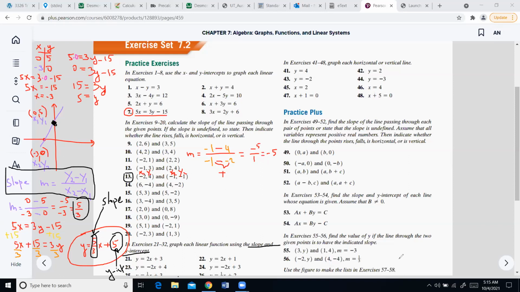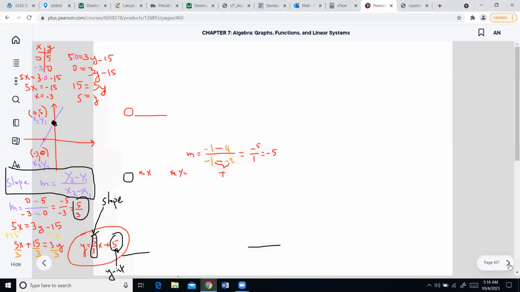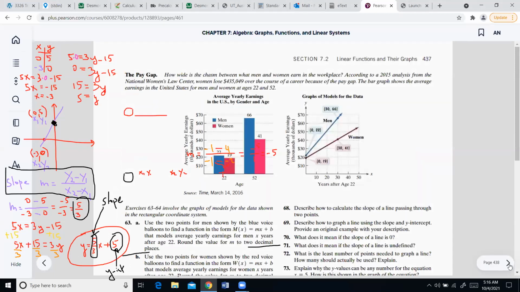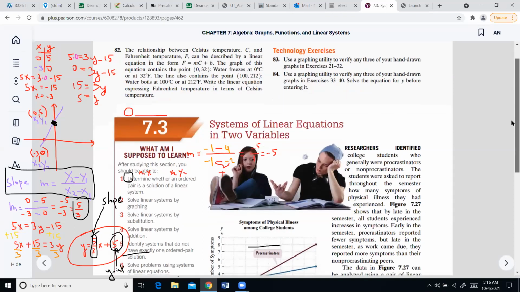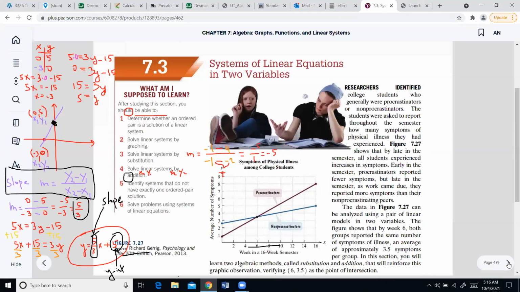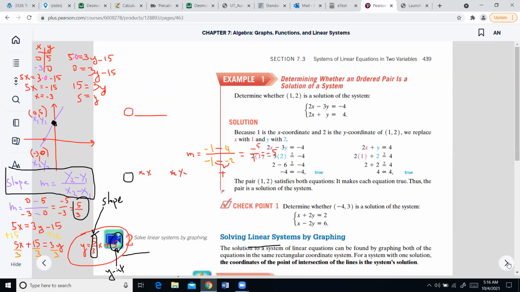Well, I hope this story is familiar, and maybe we can check out what's in the next section. So let me go to 7.3. That now talks about systems of equations. They are talking about solving 2 equations simultaneously.